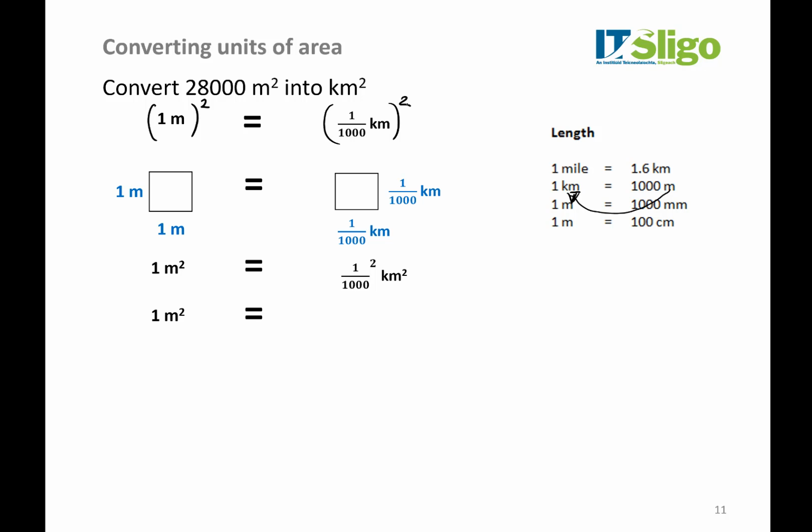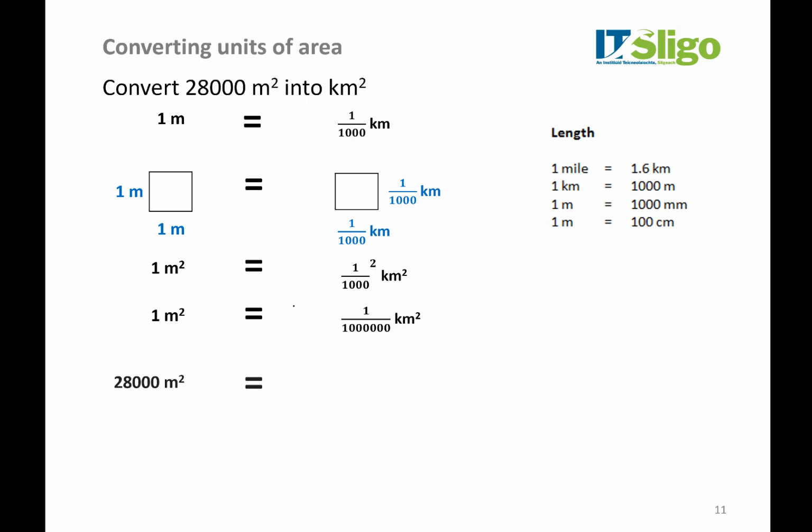So 1 meter squared, remember, guys, we could square the top, square the bottom. So that gives us 1 and 6 zeros, 1 over a million on the bottom. And finally now, that's our relationship between meter squared and kilometer squared. And again, guys, you can see that's where all the work is really done.